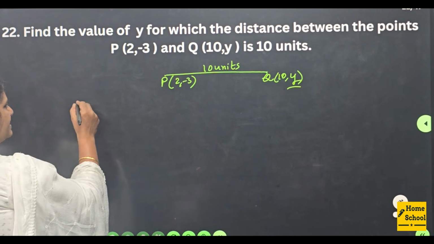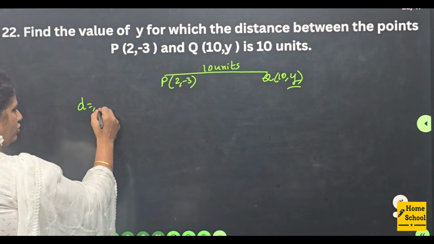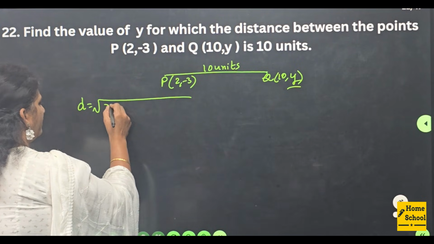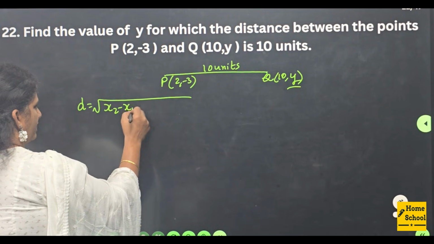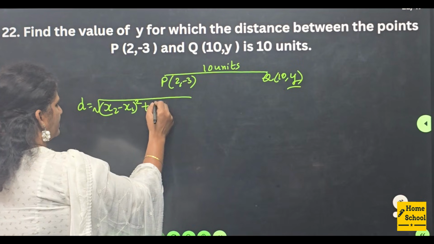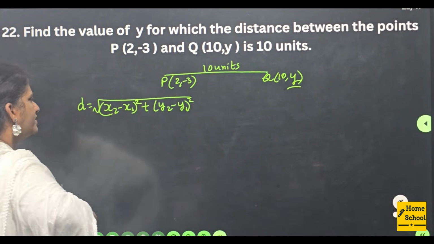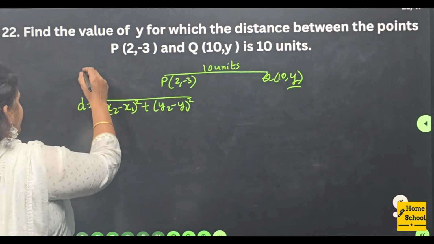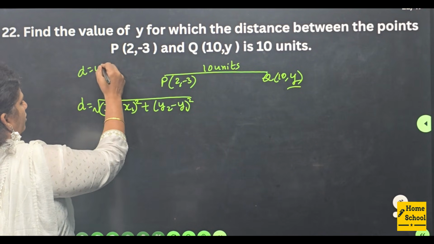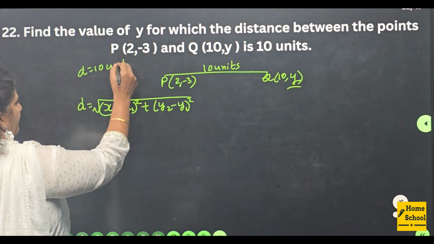We know the distance formula: d is equal to square root of (x2 minus x1) whole square plus (y2 minus y1) whole square. What is the distance? It is already given, d is equal to 10 units.